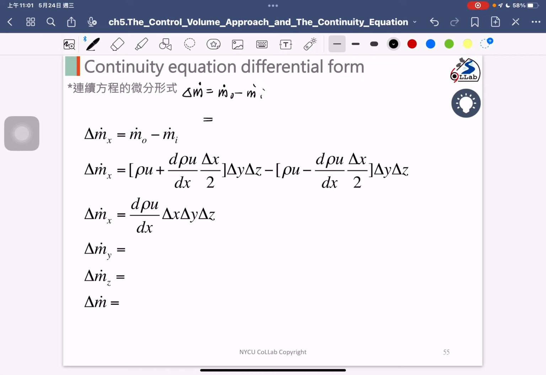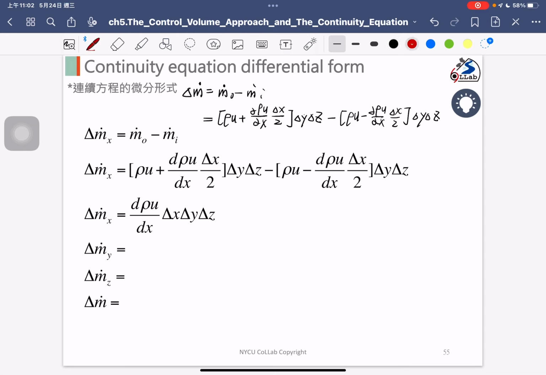The outflow is the right-hand side, so the mass flux is ρu plus ∂(ρu)/∂x times Δx/2, and the cross-section area, as I mentioned, is Δy times Δz. Then we subtract ρu minus ∂(ρu)/∂x times Δx/2, again with the same cross-section area, Δy Δz.